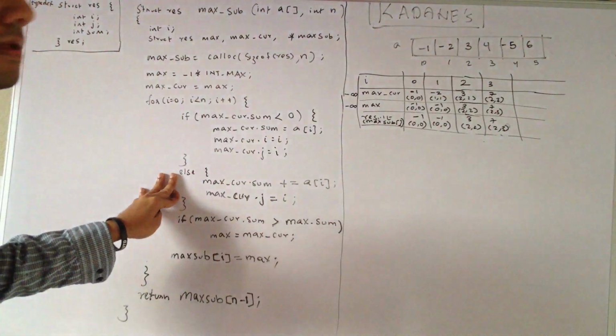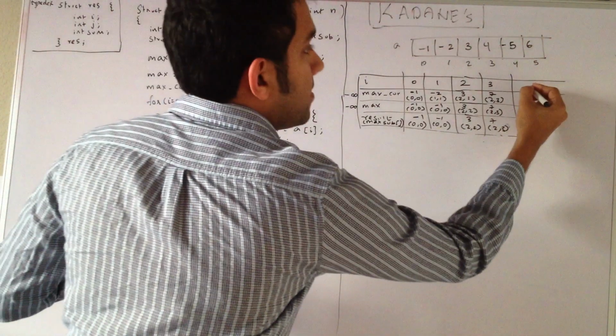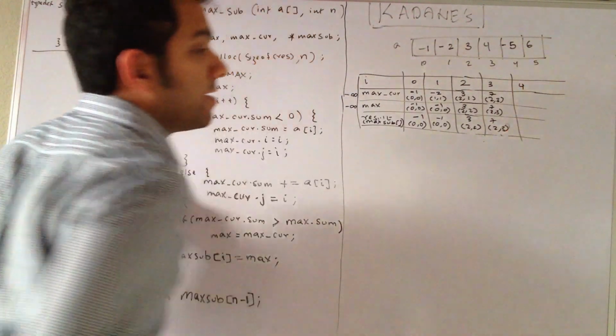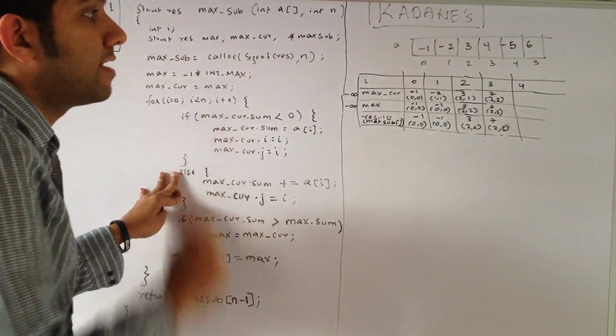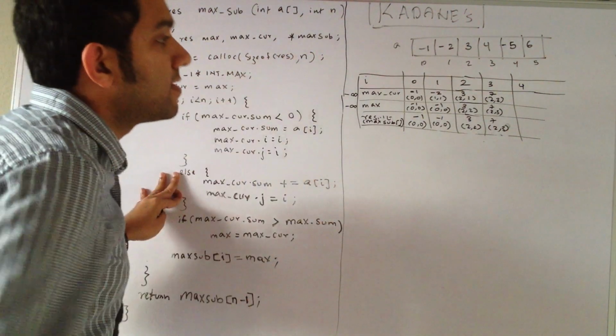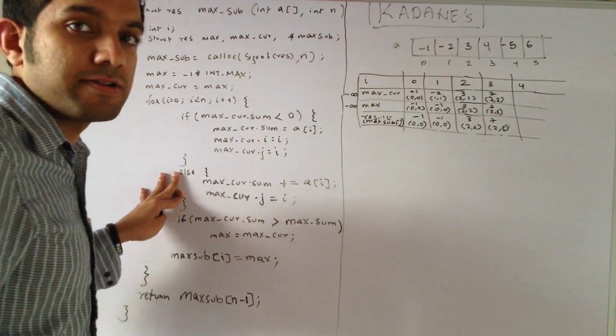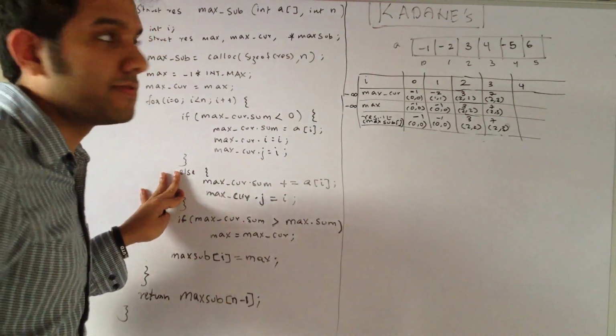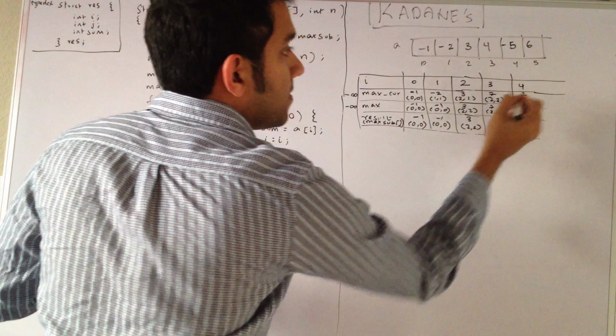Okay. Now we go to the next element, where i is equal to 4, which is the fifth element, and that's -5. We look at maximum current, and we see that it's positive, so it will help us. So we add ourselves to it, and we get 2.